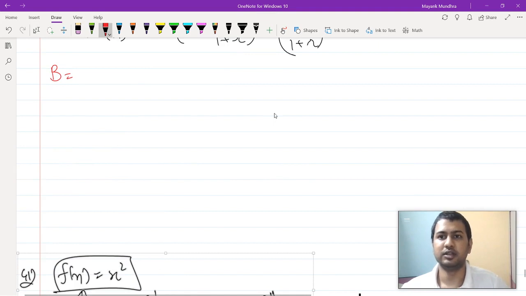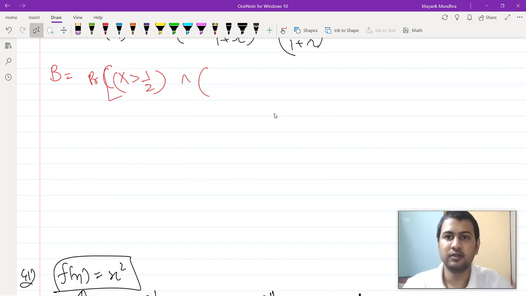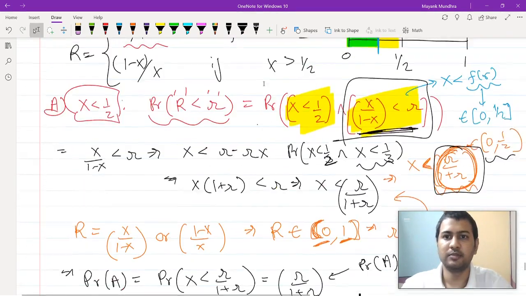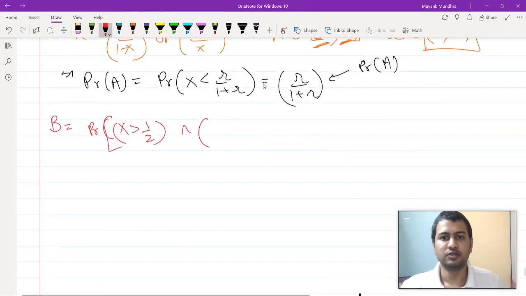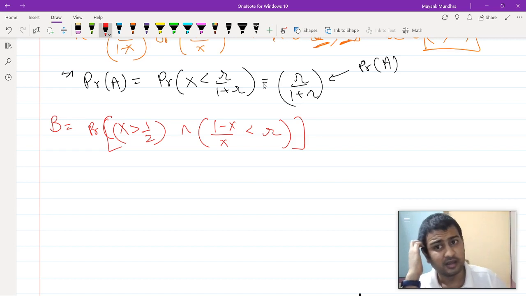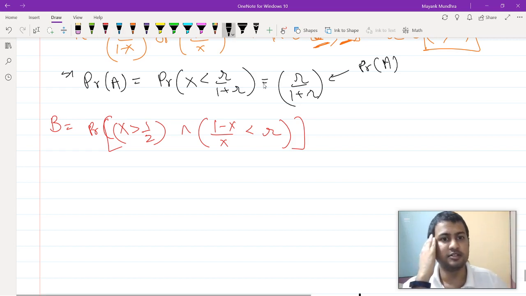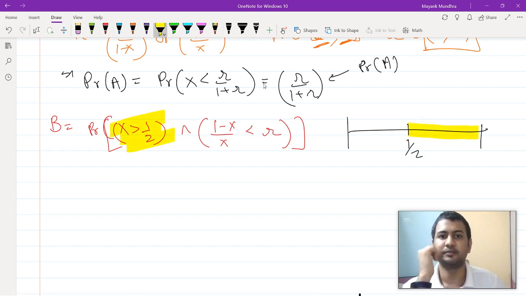The other case B is probability x greater than half, and when x is greater than half, the function r becomes 1 minus x upon x. So 1 minus x upon x should be less than r. Now I am interested in the right part. So this is half. This condition basically implies this thing.